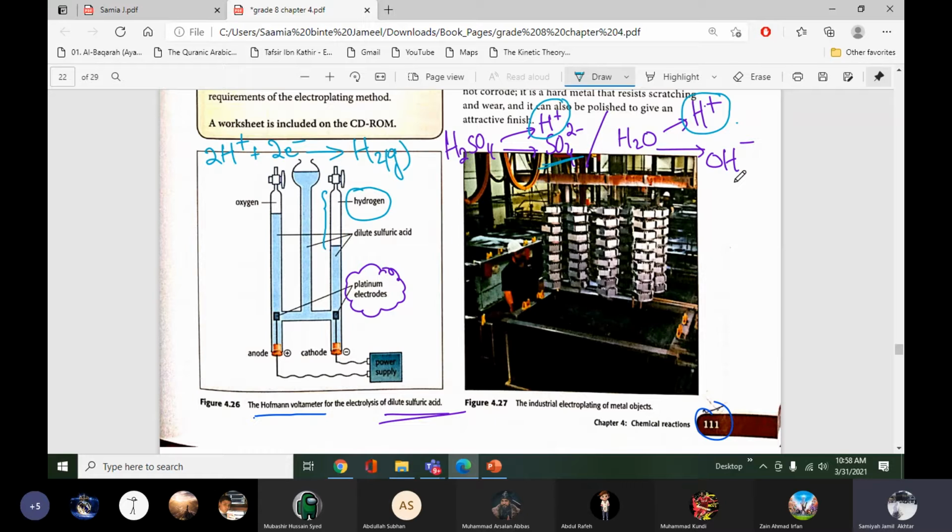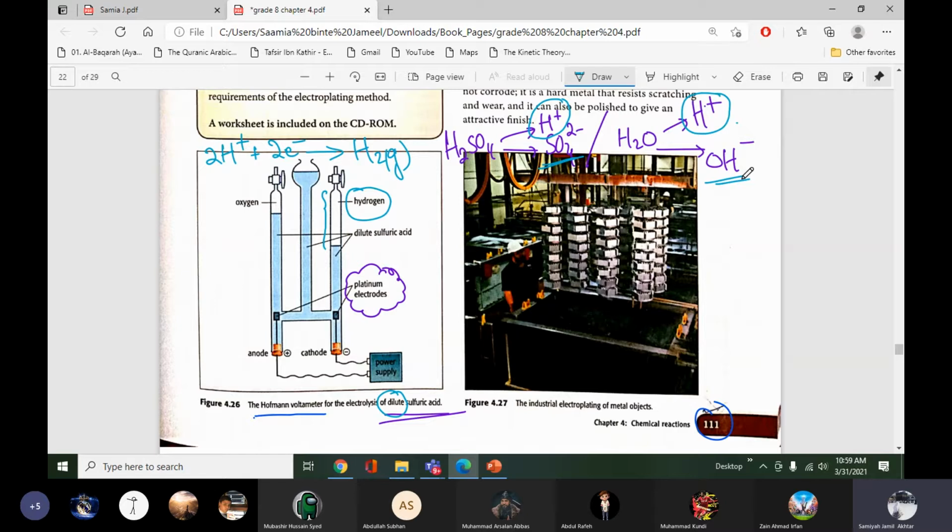And at anode, we have sulfate ion and hydroxide ion, and this is a dilute solution. So which ion will discharge? Sulfate or hydroxide? Hydroxide. Yes, it's a dilute solution.